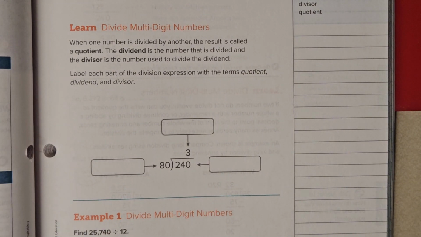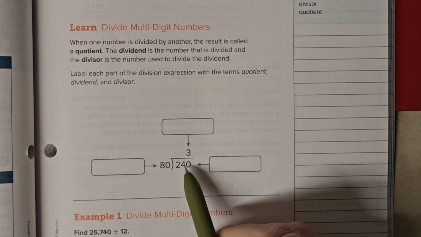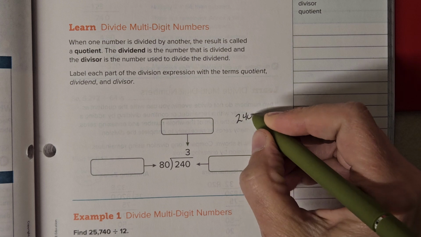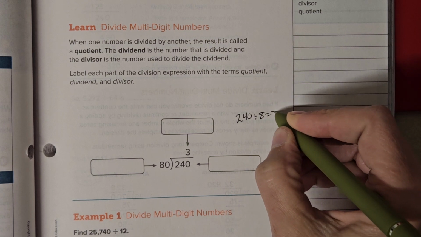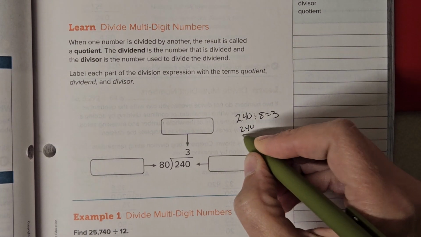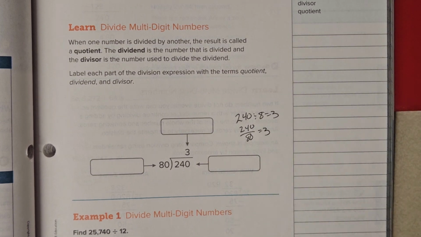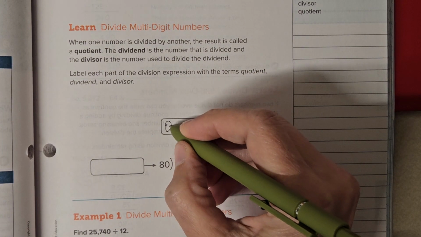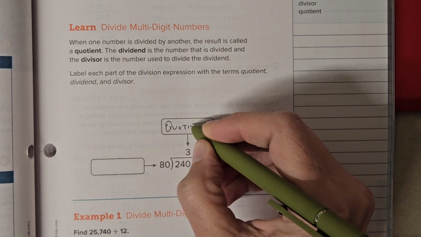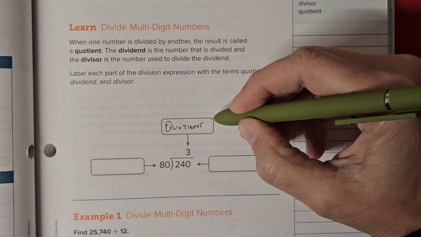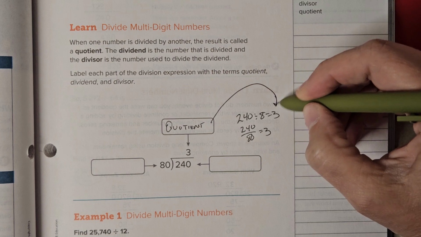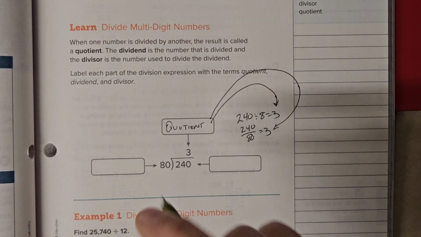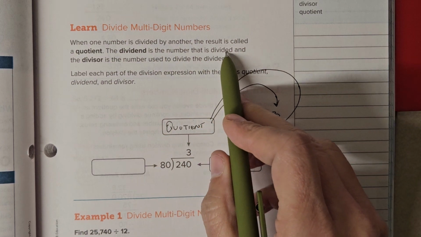First, let's have a little vocabulary. If we have 240 divided by 80 equals 3, let's label some of this stuff. The quotient is the answer. The dividend is the number that is divided.